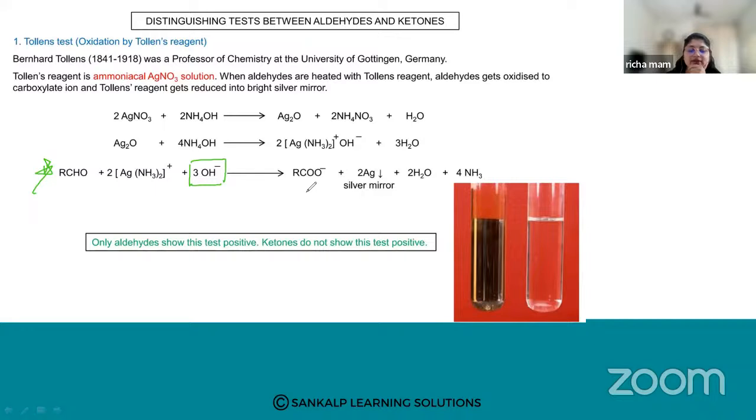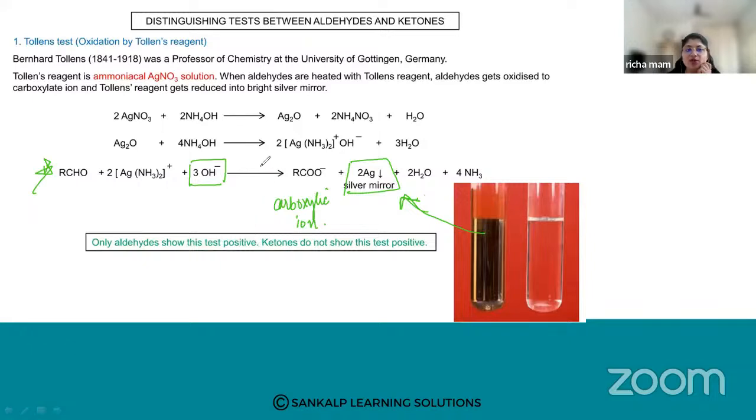Then you get a carboxylate ion, and this is the silver ion. The color is due to the precipitation of the silver, a shiny silver color. Then you get your silver mirror. So this will show you the silver mirror test.